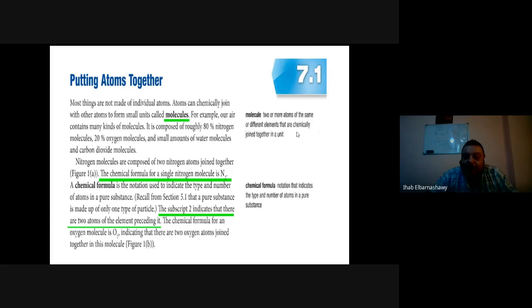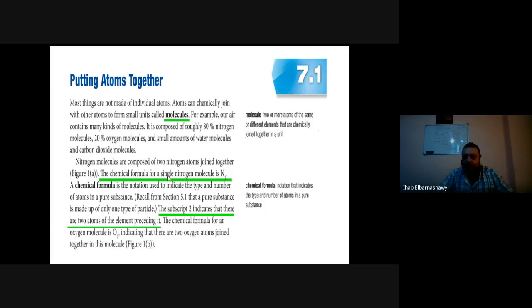Let's say carbon plus oxygen gives you carbon dioxide. Carbon dioxide is not carbon anymore. It's not oxygen anymore. It's a new material called carbon dioxide, which is a result of chemical joining, a chemical combination, which is a chemical bond. This is what we're going to explain tomorrow. So as Maria mentioned, molecules are any two or more atoms bonded together chemically. That's a molecule.